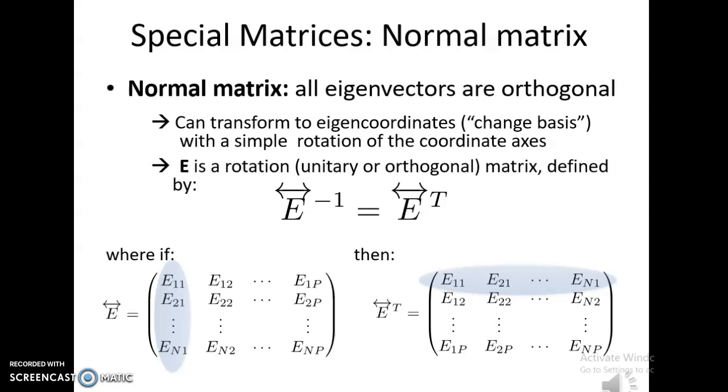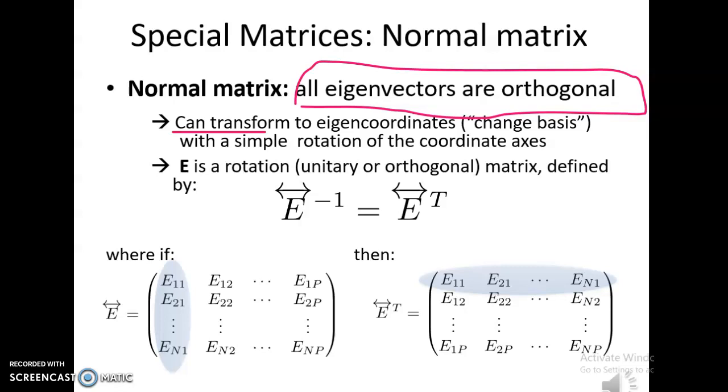All eigenvectors are orthogonal. This is the very important point for a normal matrix. We transform to eigen coordinates by changing basis with a simple rotation of the coordinate axes.